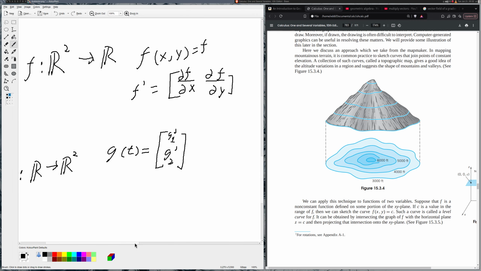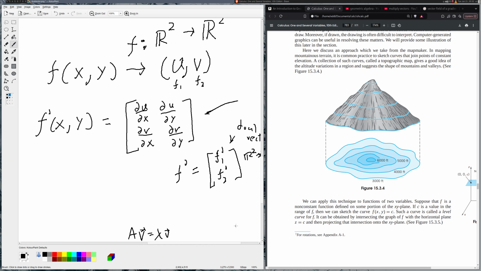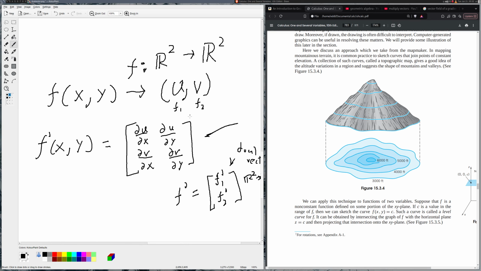If you have one like g of t equals g1, g2, then its derivative is g1 prime, g2 prime. That also makes sense to me, at least. But as I said before, the derivative is actually the Jacobian matrix. So if we have a function that goes from R2 to R2, you get this matrix, which is just a bunch of partial derivatives.